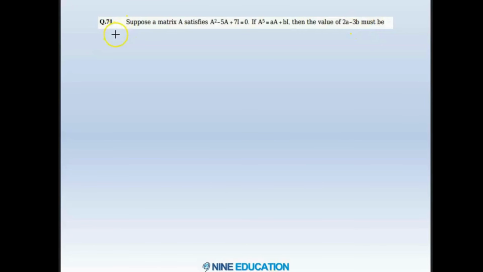So in this question, if you observe, we can say A cube is equal to A into A square, and in place of A square we can use A square is equal to 5A minus 7I, correct? So this will be A into 5A minus 7I, and again we'll be getting 5 into A square minus 7 into A into identity matrix is basically A itself.